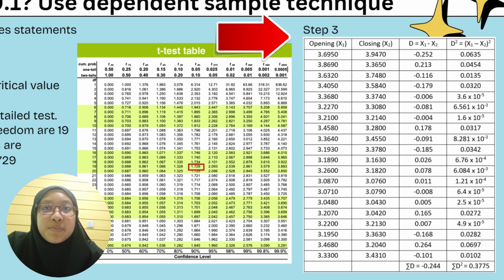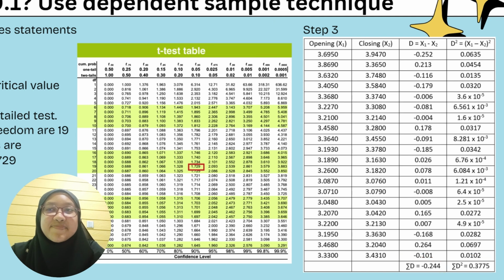Next, step 3, we make the opening as x1 and the closing as x2. So we can find the total of d and the total of d squared. The total of d we can find by x1 minus x2 and we get negative 0.244, and the total of d squared we get 0.3779.